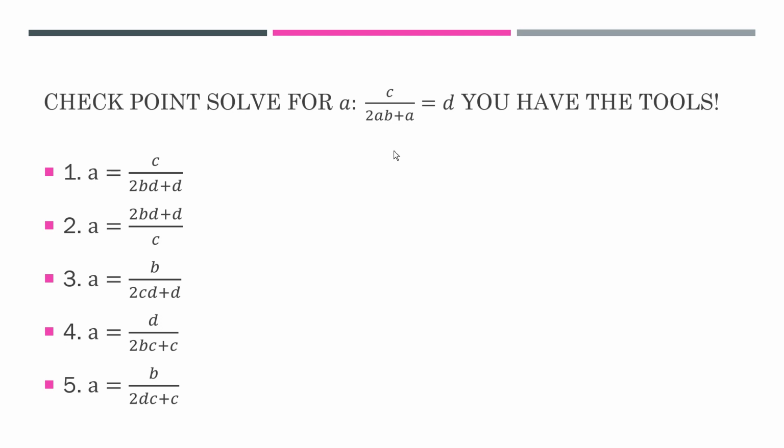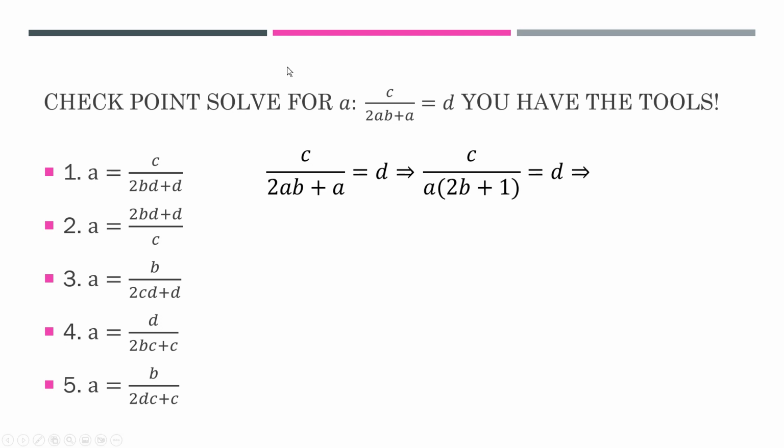So, welcome back. If you go ahead and look at it, what we need to do is get the a by itself. So we're going to, again, realize that there's a's down below, so we're going to extract it. So this is kind of like the problem you were going to have if we divide by a.